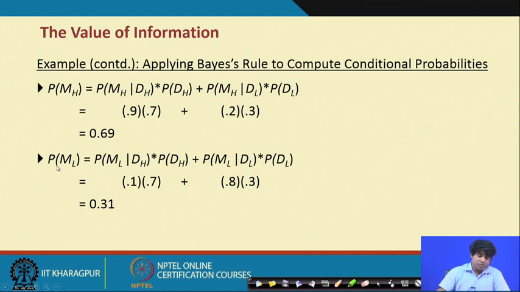And similarly, the probability of low market is the probability of low market against high demand multiplied by the probability of high demand. Similarly, the probability of low market with low demand multiplied by the probability of low demand, that is coming actually 0.13. So, this is a mixture of conditional probability, marginal probability, and joint probability.